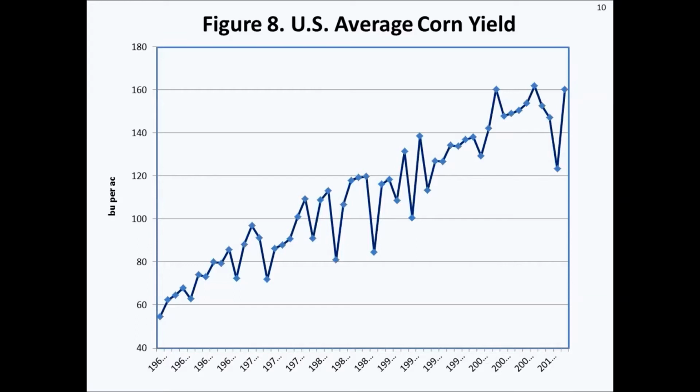So the next step in using that number then is to translate that into likely harvested acres of corn in 2014. And in figure 7 we do show you the history of planted acres minus acres harvested for grain. So that difference, well, it does reflect to some extent abandoned acres.